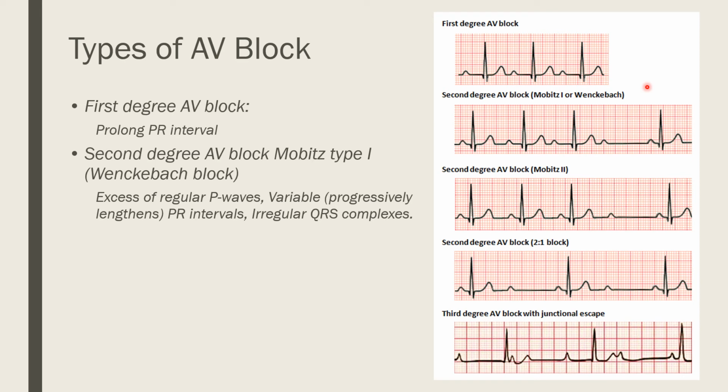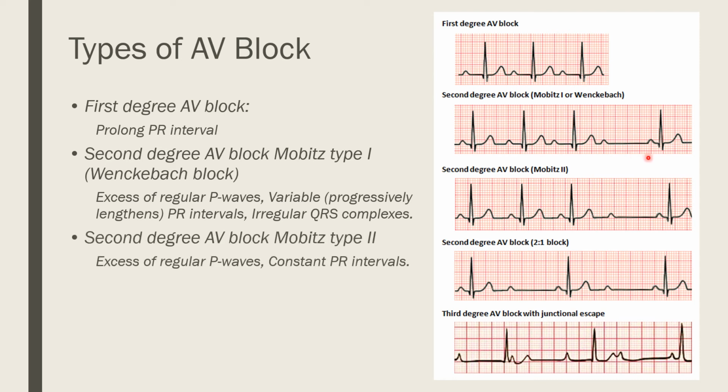Mobitz type 1, called Wenckebach block, in which there are regular P waves in excess regarding the QRS complexes, with a progressively lengthened PR interval until one P wave has a missed QRS complex, with irregular QRS complexes and irregular RR intervals. This is the Wenckebach phenomenon, Mobitz type 1.